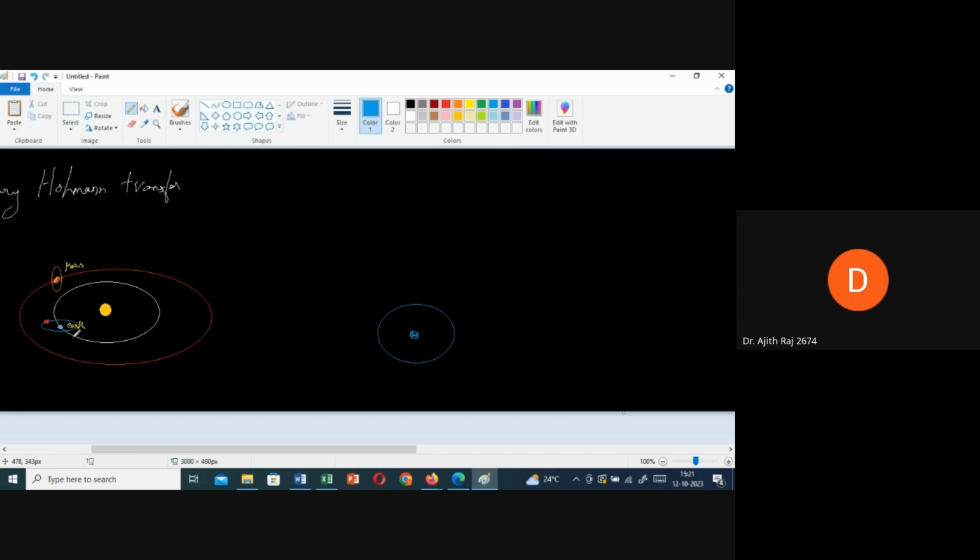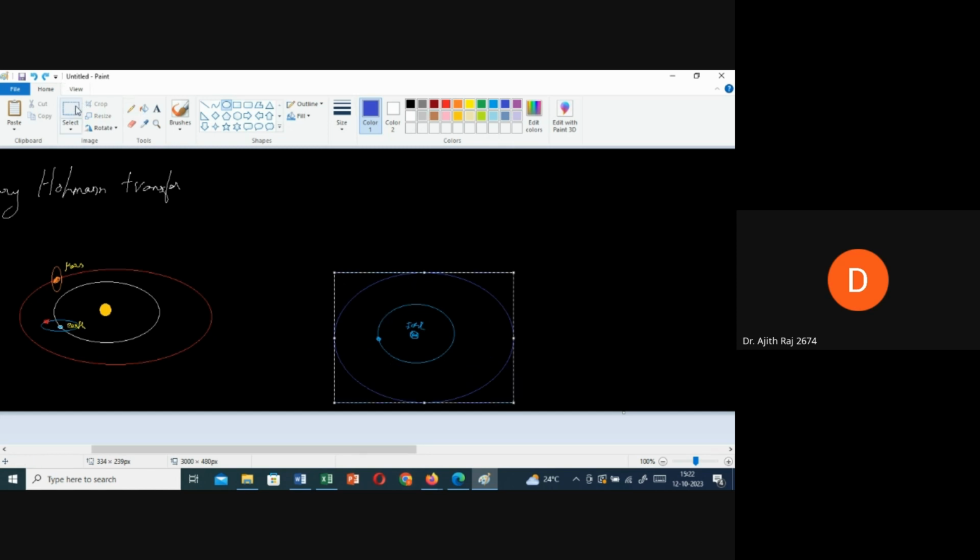I have just enlarged this diagram. Your satellite is revolving somewhere around the Earth like this. Your aim is to take that satellite to another orbit, which is not the Earth orbit. This is the sun's orbit.